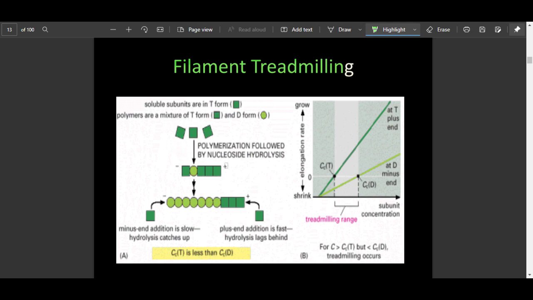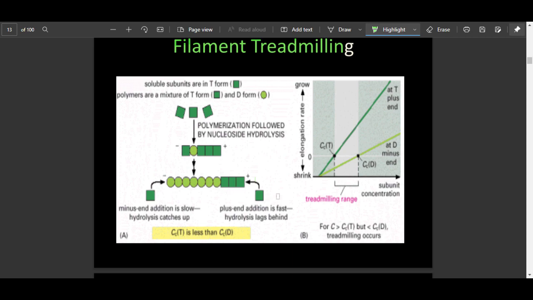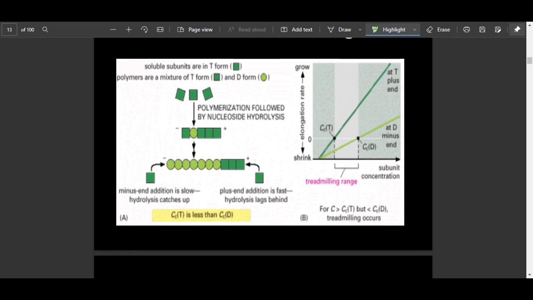At the plus end at first, hydrolysis lags behind, while at the minus end addition is slow. In the plus end, the addition of subunits is fast, and in the minus end, the addition of subunits is slow. Then there is the hydrolysis process.